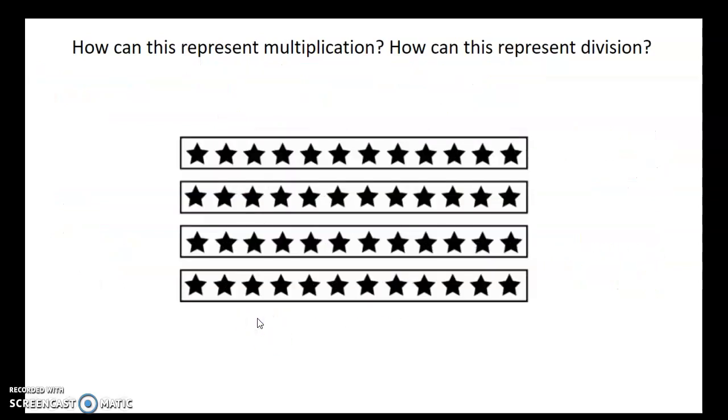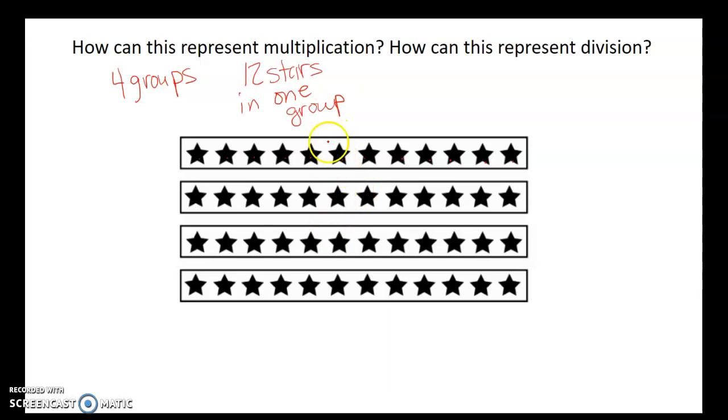All right, so here, this one, very similar to that kind of array. First, let's figure out the number of groups. I have 1, 2, 3, 4 groups. And I like listing this before I even get started. The number in each group, 1, 2, 3, 4, 5, 6, 7, 8, 9, 10, 11, 12 stars in one group.